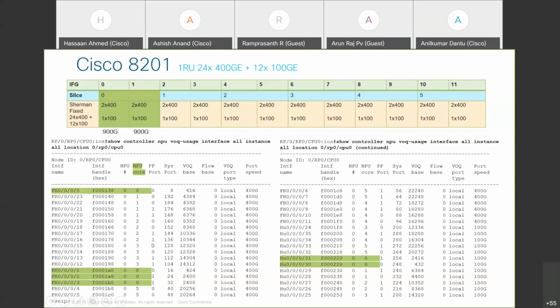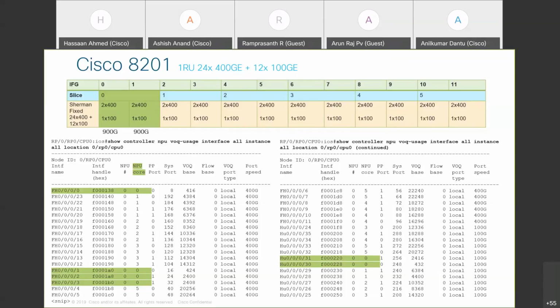There is one more piece of information about each of the slices. As I mentioned, each of the slices has equal access to all the shared memory: the shared memory, the buffer, the TCAM, and the tables and all. So each has equal access to all the memories.